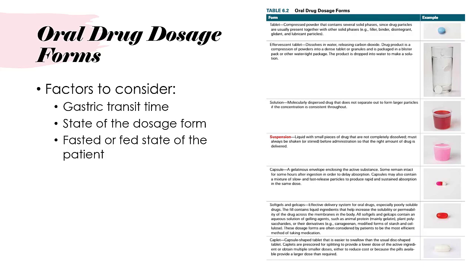The state of the dosage form: liquid dosage forms are emptied out by the stomach faster than solid dosage forms. And the fasted or fed state of the patient. Table 6.2 on the right illustrates some oral drug dosage forms, including tablets, solutions, suspensions, caplets, soft gels and gel caps.